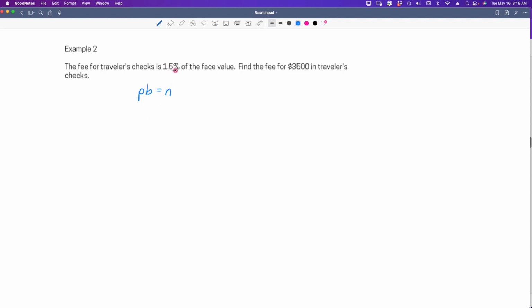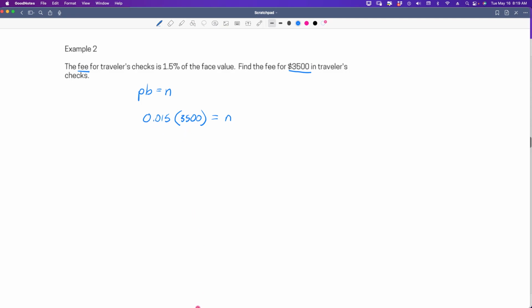We're going to turn that percent into a decimal by dividing it by 100, which simply moves the decimal place 2 spaces. So our decimal is going to be 0.015, and our base is going to be the $3,500 in traveler's checks. So $3,500 goes in our base, and then that is going to tell us our fee, which is going to be our number.